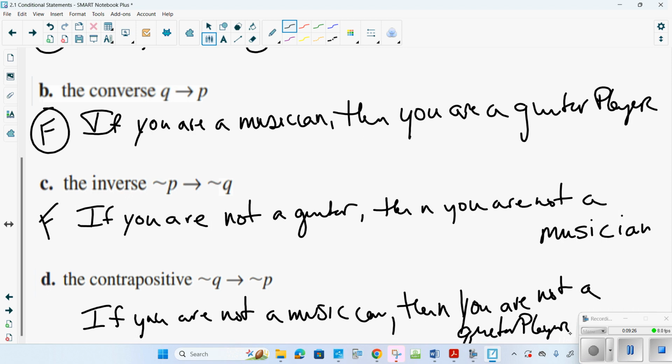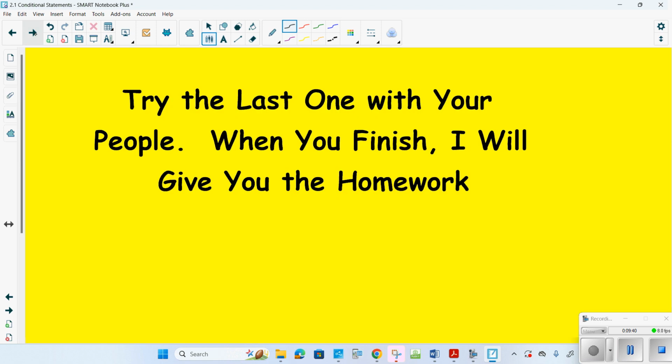And that's true. If I'm not a musician at all, then I don't play the guitar. So notice, the conditional statement and the contrapositive are both true, while the converse and the inverse are both false. Now, there's a last one that I do not have here, so ultimately you can work on that.